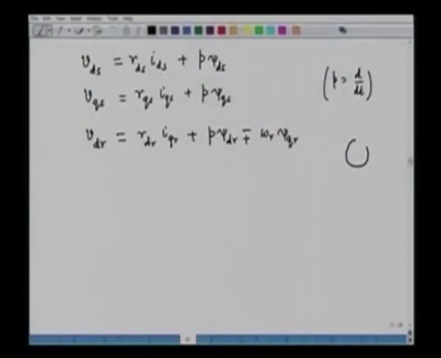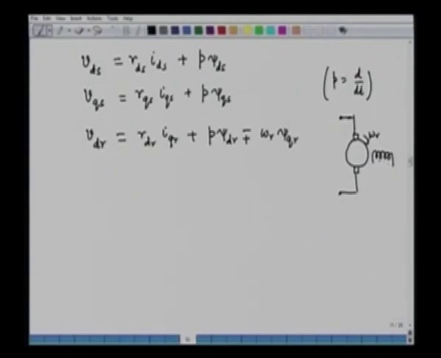It's something similar to a DC machine. In the DC machine, we have the armature, and this is our armature axis, and we have the field winding here. This is the schematic diagram of a DC machine, and the voltage that is appearing in the armature of a DC machine due to its rotation, omega r, is because of the flux in the D axis produced by the field winding.